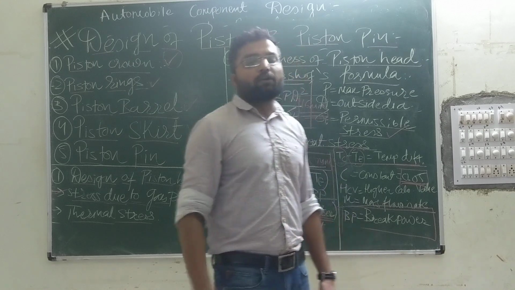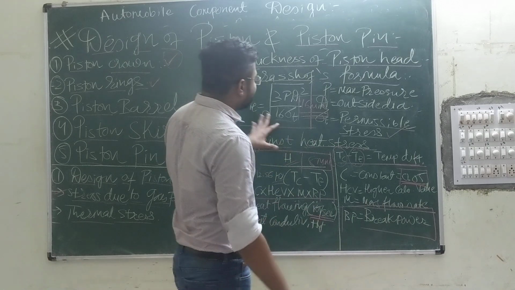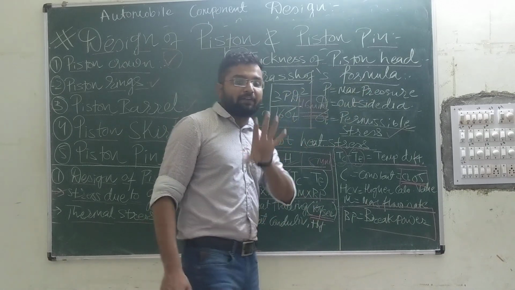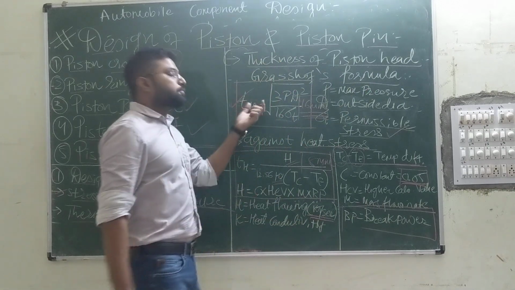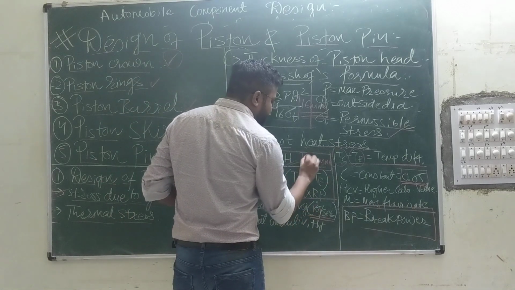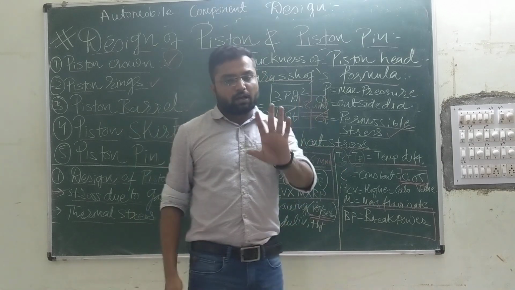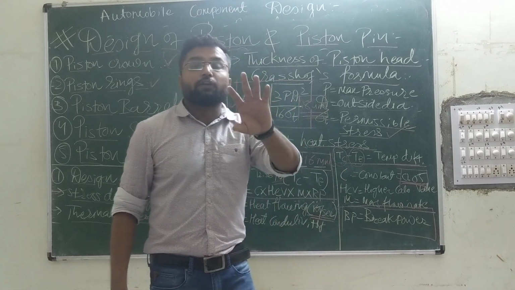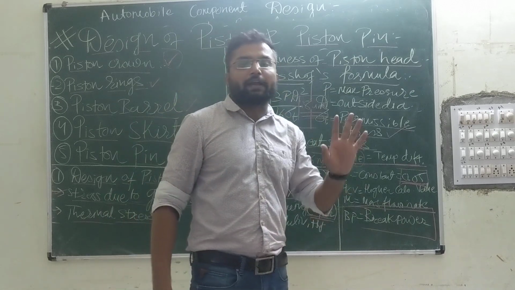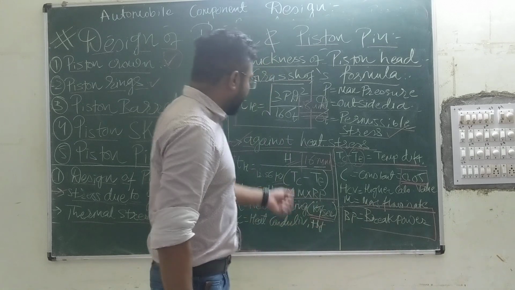So here we are going to choose the higher value, giving preference to strength. If it is 16 mm or 8 mm, you can easily take 16 mm. You shouldn't need to provide artificial cooling, and it's okay if you are not providing it at that time.